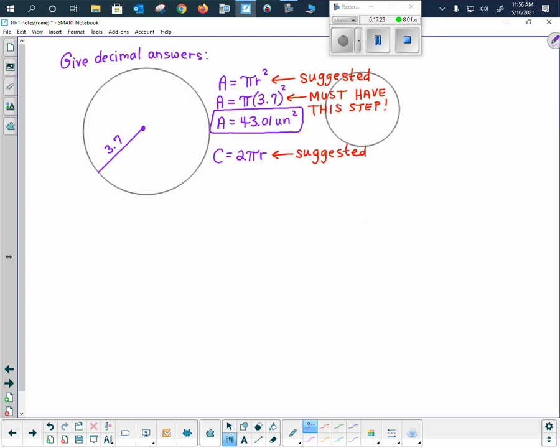And then filling it in is the minimum required amount of work. So 2 times pi times 3.7. Again, this step would be the must-have. And again, rounded to the nearest hundredth, we would have 23.25. It's a length, so units.